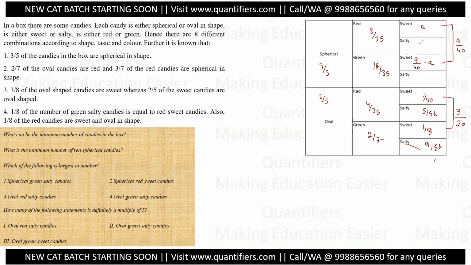So this part would be 3 by 35 minus A. This part would be 18 by 35 minus 9 by 40 plus A. 35 40 LCM is 280. 35 weighted 144 minus 47, 63 plus A. So 81 by 280 plus A. Right, this is the part.